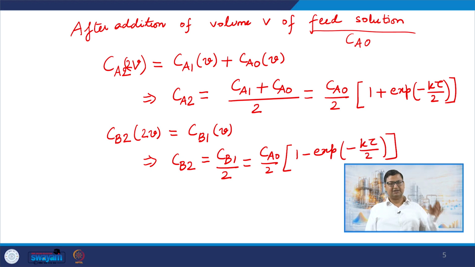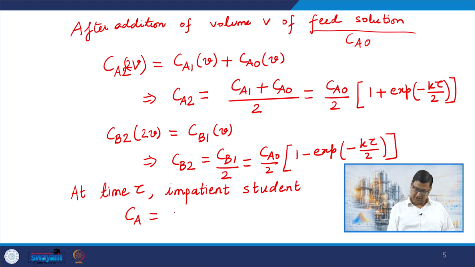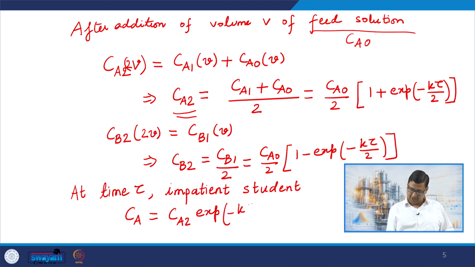And now, the reaction will proceed from this concentration until the end of the reaction, that is at time tau. So, we will start from this value now. Let me now find the concentration at time tau. At time tau, for the impatient student, Ca is going to be whatever Ca2 we have obtained, that is the concentration of A after the addition of the feed solution, into exponential of minus k tau by 2, because we still have first order kinetics.